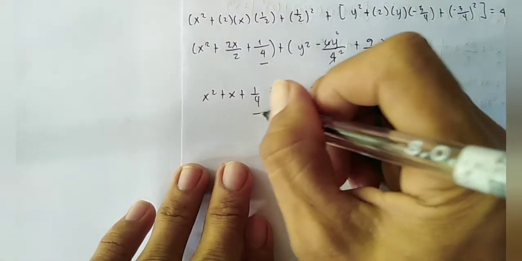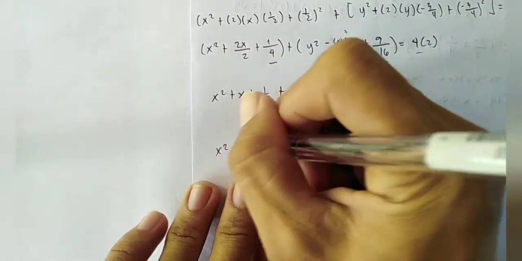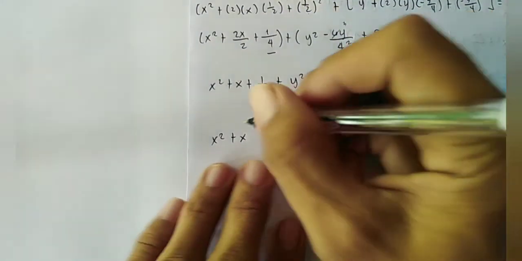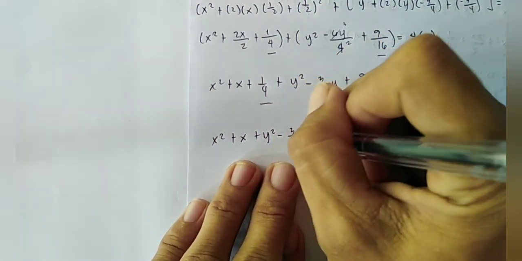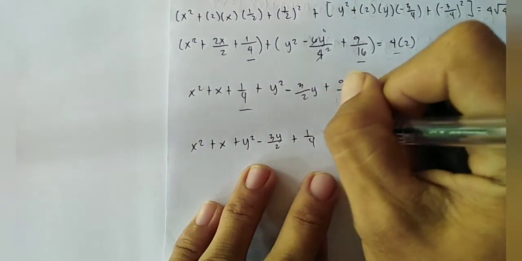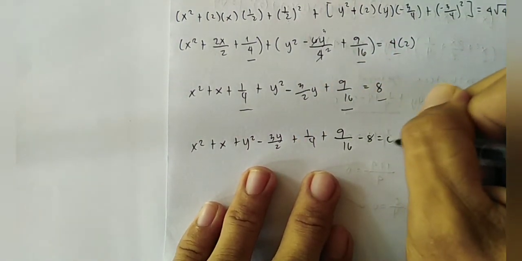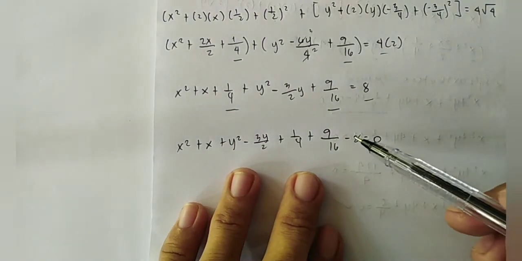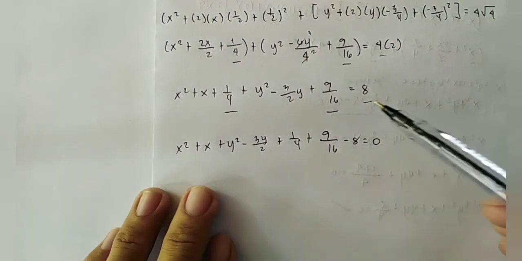So combining 1/4, 9 over 16, and 8, you will get x squared plus x plus y squared minus 3/2 y, or 3y over 2, plus 1/4 plus 9 over 16 minus 8 is equal to 0. Where did we get negative 8? If we transfer positive 8 to the other side, it will become negative 8.